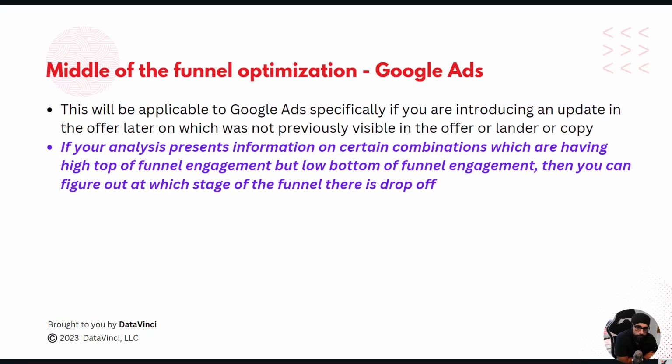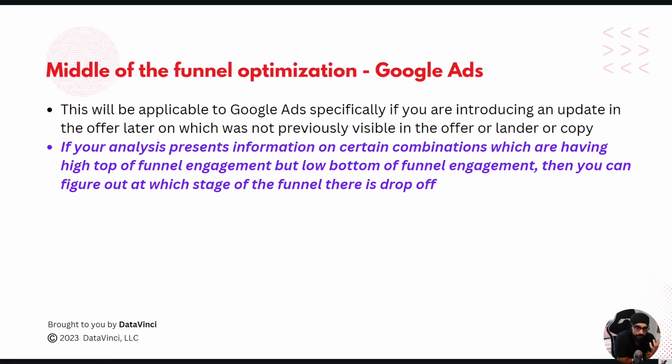However, if you have already done the bottom of the funnel analysis, and you have the top of the funnel analysis, you can see which combinations of campaigns, ad groups, and keywords have a decent top of the funnel rate but a lower bottom of the funnel rate, so they're dropping off in the middle of the funnel.